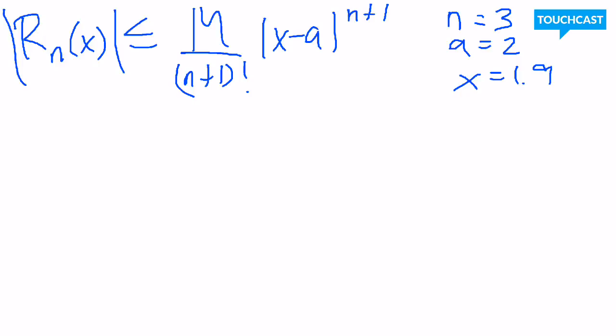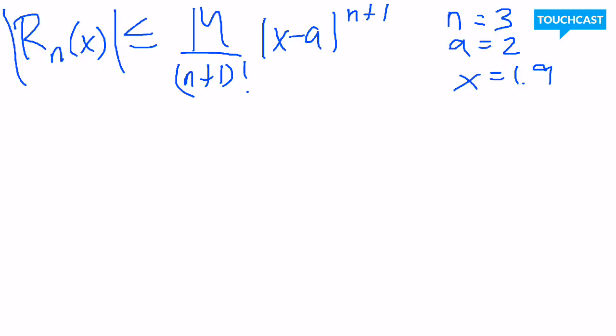So the tricky part here is going to be to figure out what M is. Capital M, it's the biggest value of the n plus 1th derivative. So that means in this case, the biggest value of the 4th derivative. I'm going to look at my table, and I've been told that h and all of h's derivatives, at least up to the ones they've put in the table, are increasing.